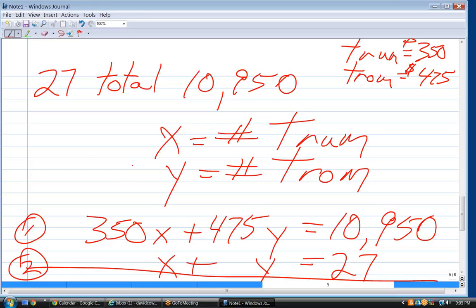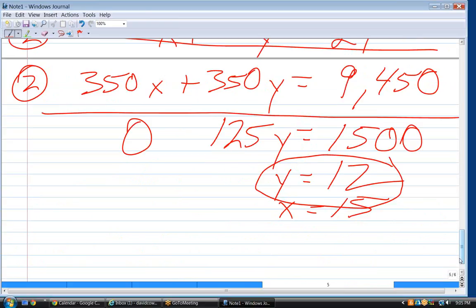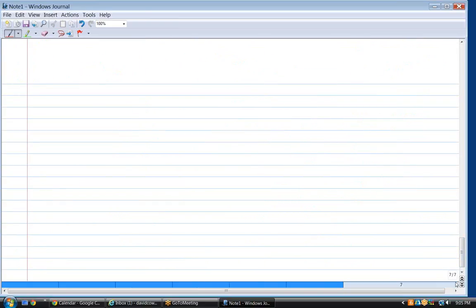In other words, if I use x and 27 minus x, then this equation here is all in x, because this would be 27 minus x. And now, one equation, one unknown, I can solve it for x. Okay. Not trying to confuse you, but hopefully I didn't with that statement. Yeah.